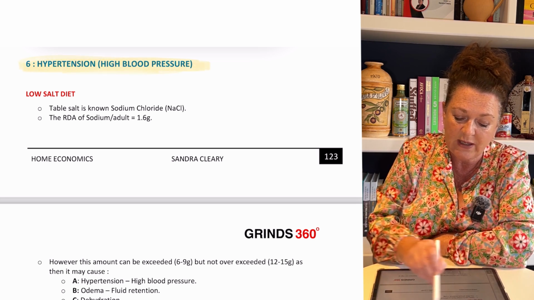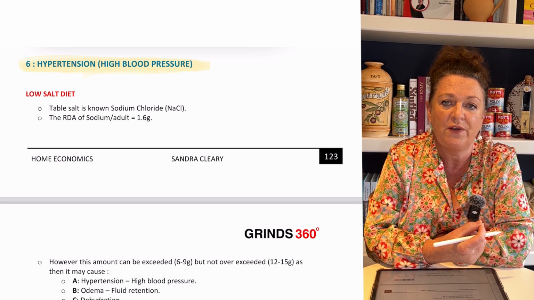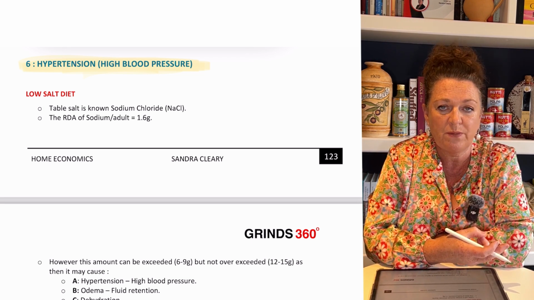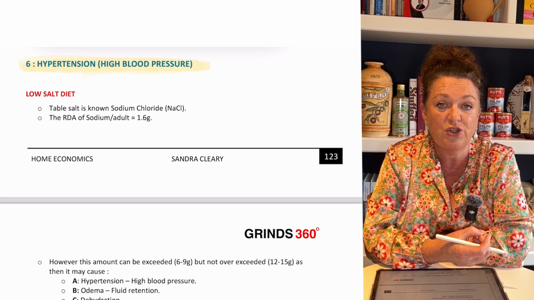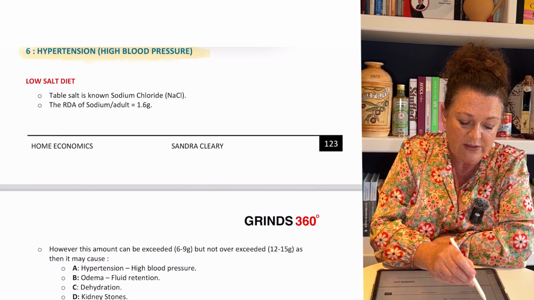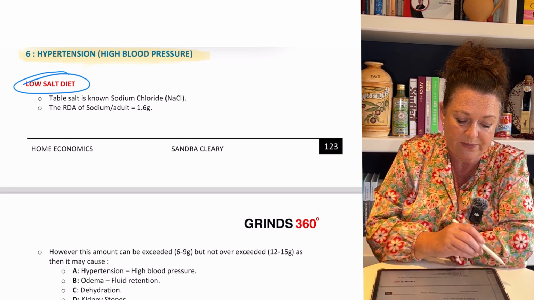So ideally speaking, to lower blood pressure, as well as having a healthier lifestyle where you're not drinking excessive alcohol, where you don't smoke, where you are looking at your diet very carefully, the best thing to do is to look for what we call a low salt diet.